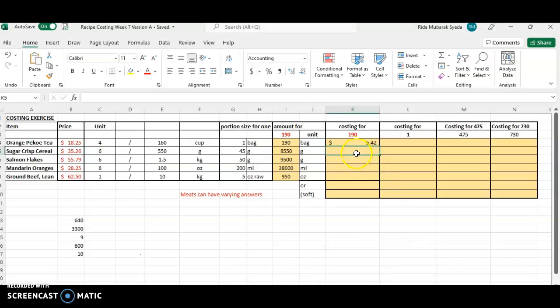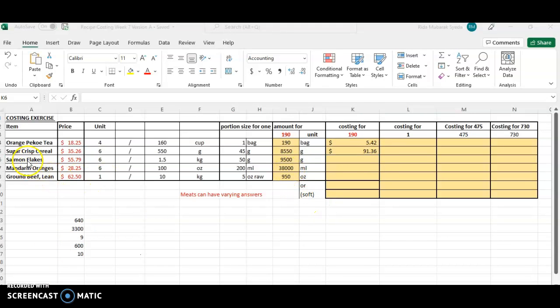And if we try it on Excel, we do equal to brackets, click on the price, divided by this, that's the unit, close brackets, and then multiply it by the open brackets, and then we would need to select this and then close brackets, enter, and we got 91.36 as our answer.